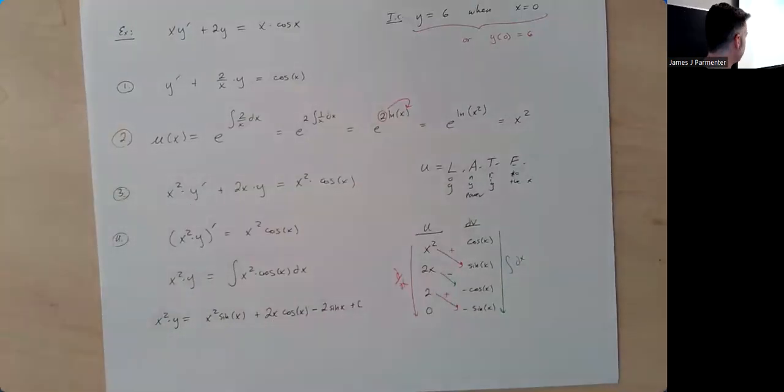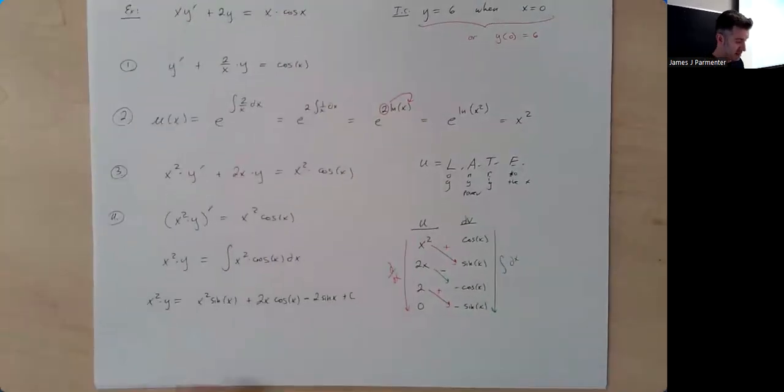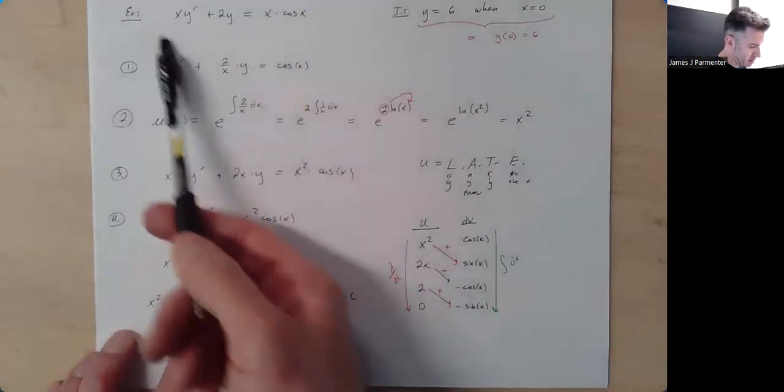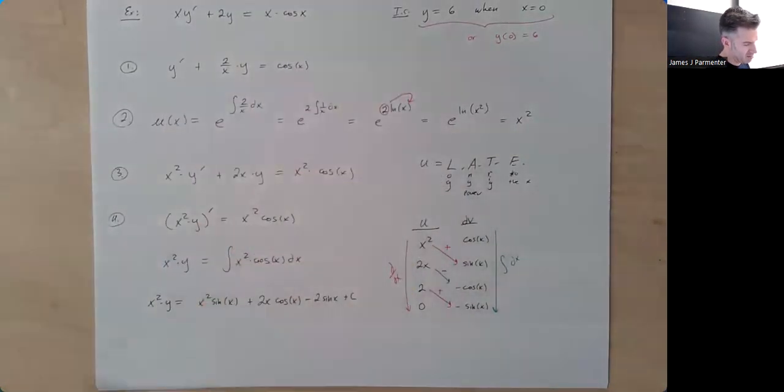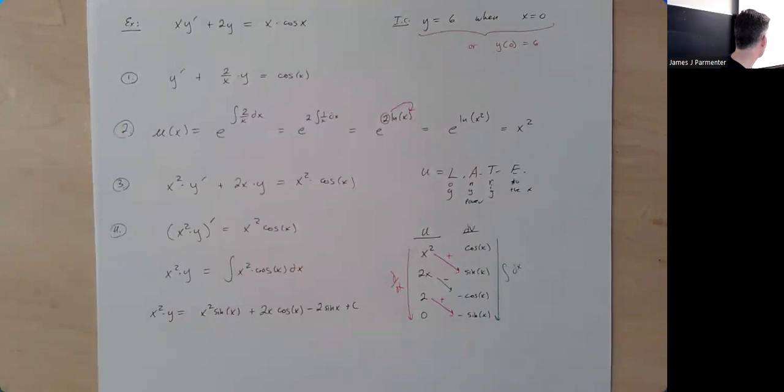The reason I need to change my initial condition is because I'm going to end up dividing both sides by x squared, which means x couldn't really be 0. The last one is negative sine x.